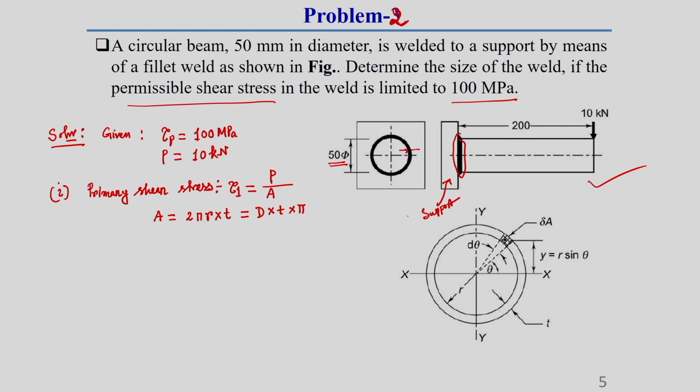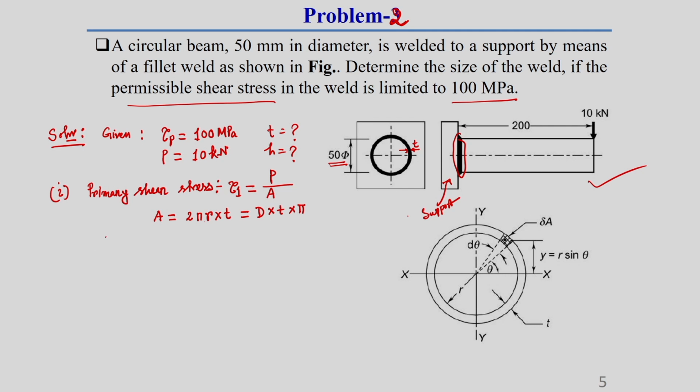Let us consider the throat thickness is T. We have to find out the throat thickness T and leg length H. These are the things we have to find out. The throat thickness T I am showing in this figure, you can see.